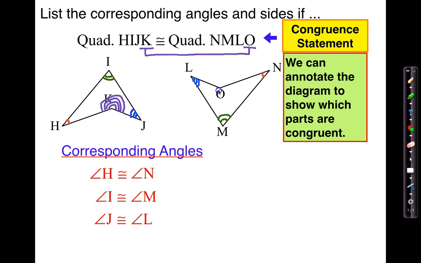We're going to do the same thing here: one, two, three, four. So now I'm going to write that as angle K is congruent to angle O. So notice this congruent statement made it very easy for me to find the corresponding angle just by position. First with first, second with second, third with third, fourth with fourth.